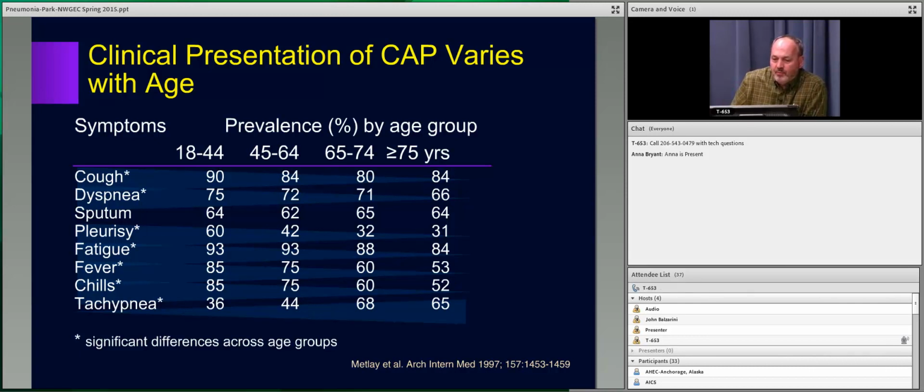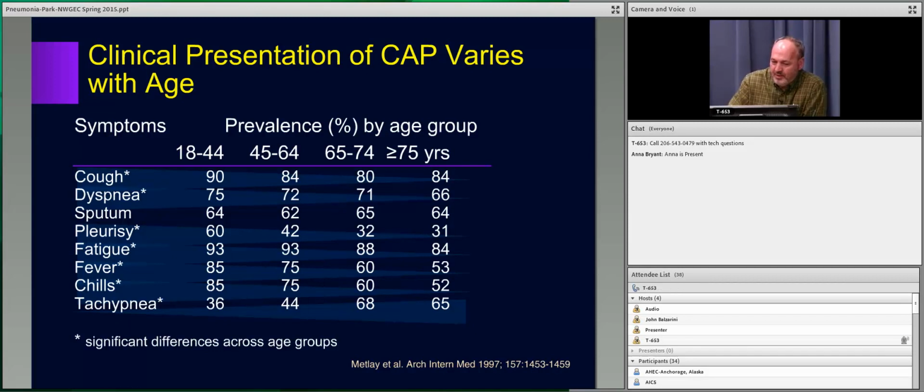This is maybe the most important slide that I'll show you regarding advanced age. So these columns show different symptoms that occur and the frequency with which they occur within different age groups. And just to keep it simple, look far to the left in the 18 to 44-year-olds, and you can see the cough, dyspnea, pleurisy, fatigue, fever, chills are pretty high.